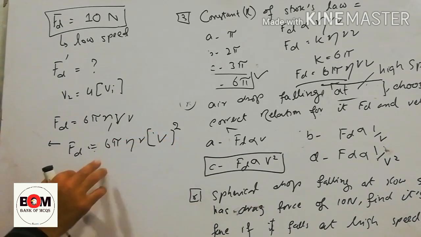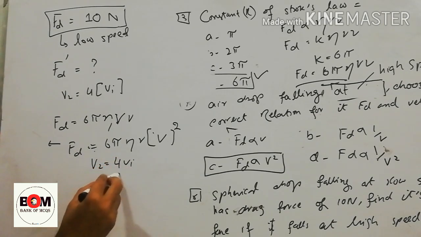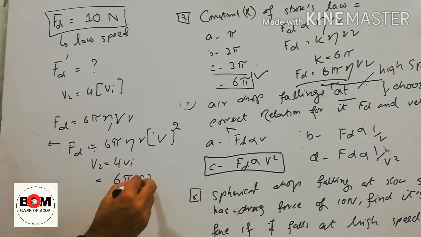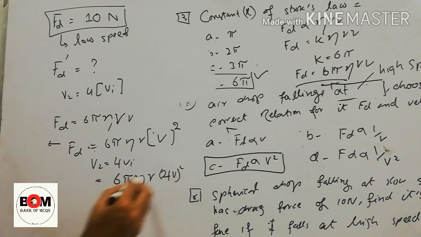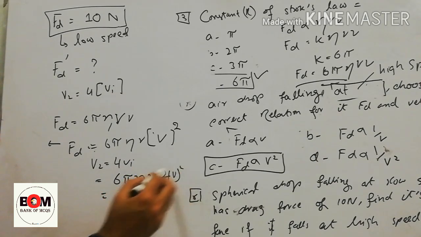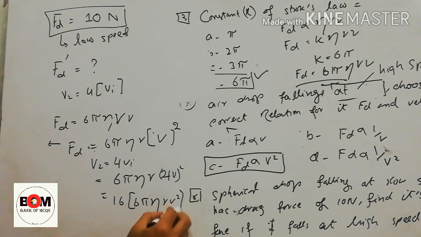So by putting v2 is equal to 4 vi, we will get 6 pi eta r, 4 vi square. So we will get 4 fours are 16, and 6 pi eta r v square, that is Fd.